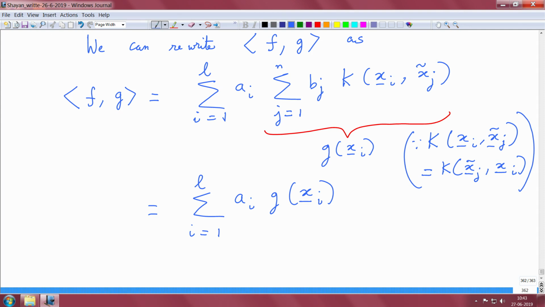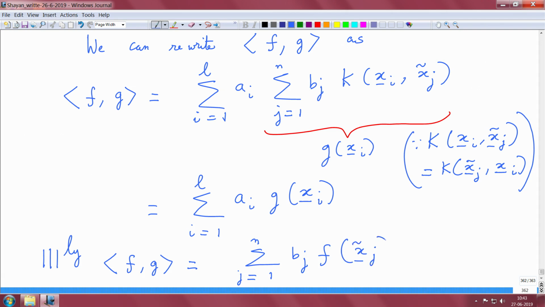So you do the same math. So I will write it here. Similarly, I can write this inner product of f, g as summation j equals 1 to n of bj f of xj tilde.